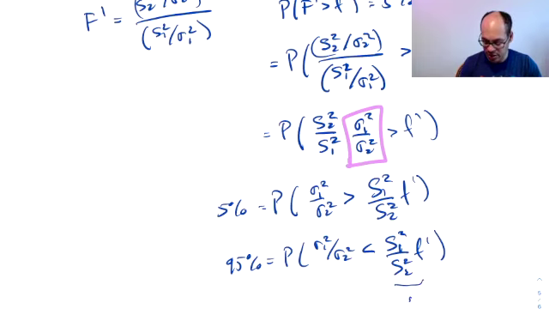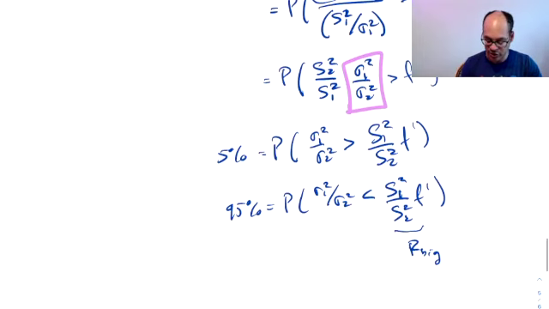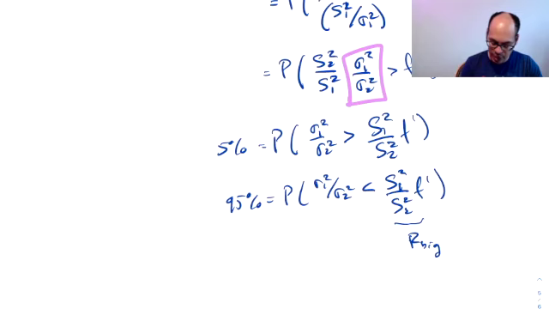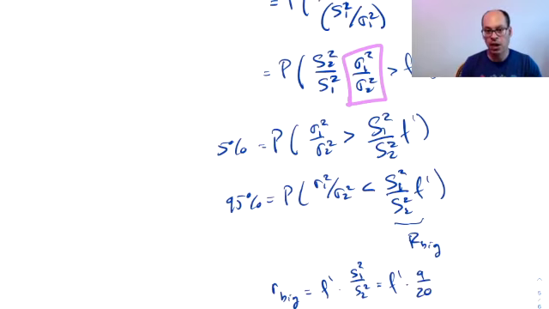This is my R big, my random variable that 95% of the time is above the parameter of interest. Our measured value for R big is going to be f prime times little s1 squared over little s2 squared, f prime times 9/20ths. But now again, we have to ask R what actually is f prime.